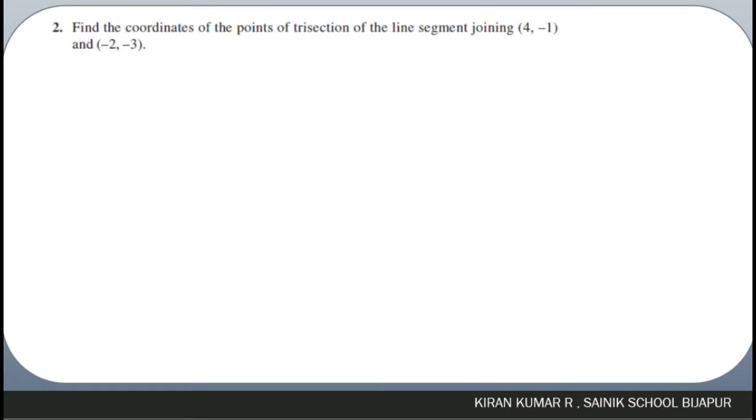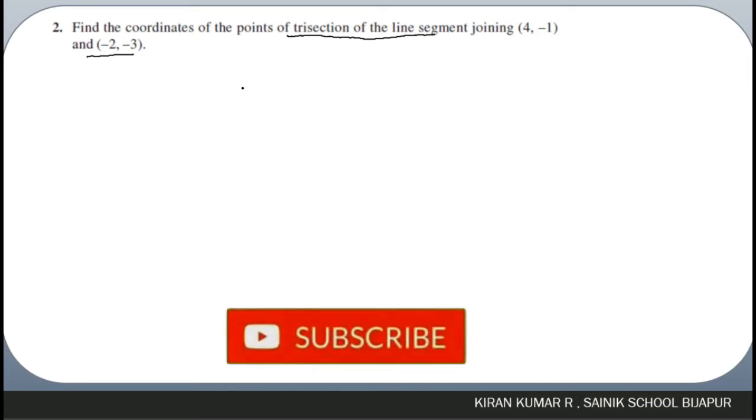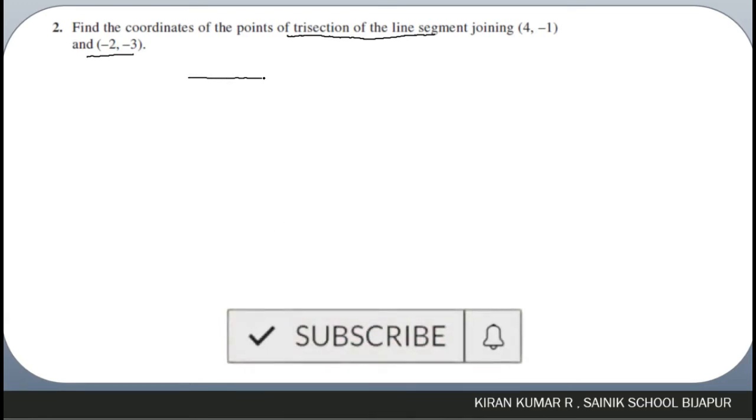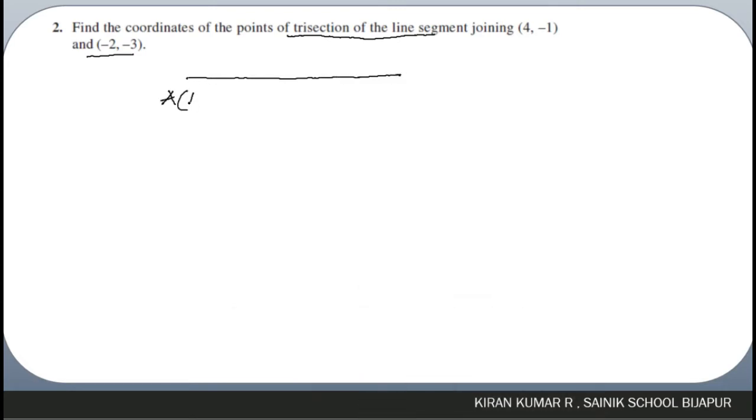Second question, find the coordinates of the points of trisection of the line segment joining 4, -1 and -2, -3. We should understand the meaning of trisection. Trisection refers to dividing into 3 equal parts. Suppose if I consider the line segment AB, where point A represents 4, -1 and point B represents -2, -3.